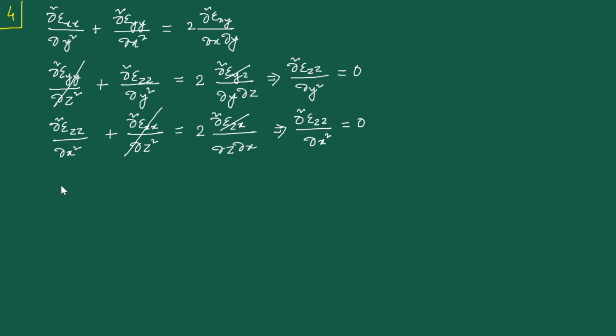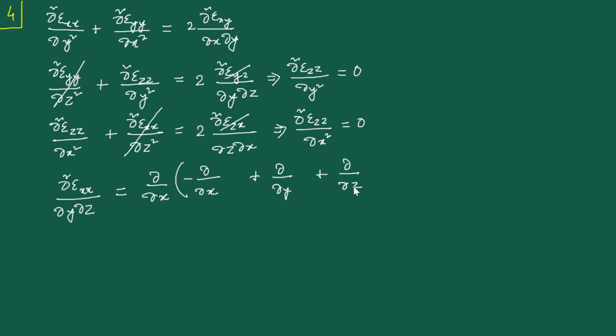Next, we have del square epsilon xx del y del z is equal to del x minus, so I like to write it in this fashion, minus del x plus del y plus del z, and then fill up the strain components.